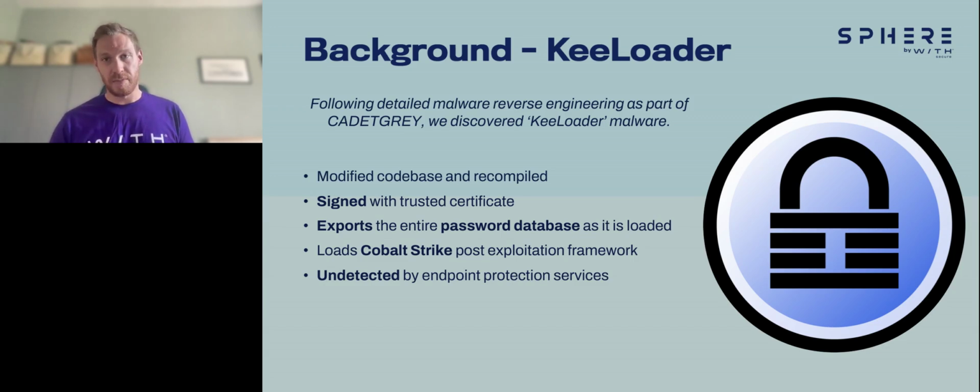When it was opened and a KeePass database file was imported, it would drop all of the passwords unencrypted in clear text locally for later exporting by the Cobalt Strike beacon. It would also load that Cobalt Strike beacon. The binary itself was undetected by endpoint protection services. Of course, there were behavioral things that we could detect.